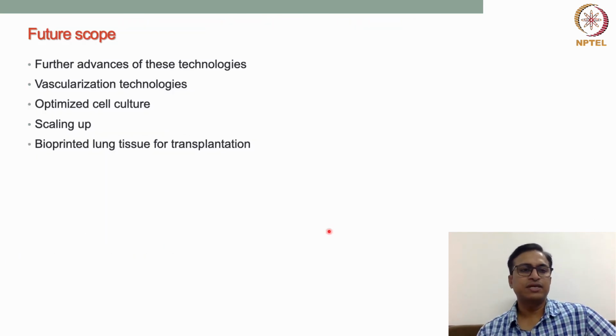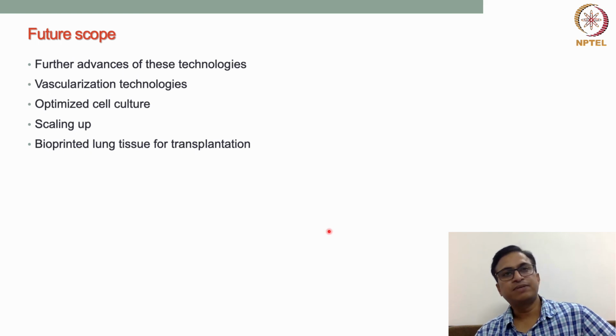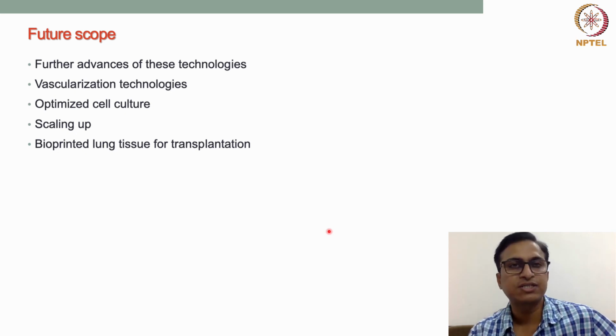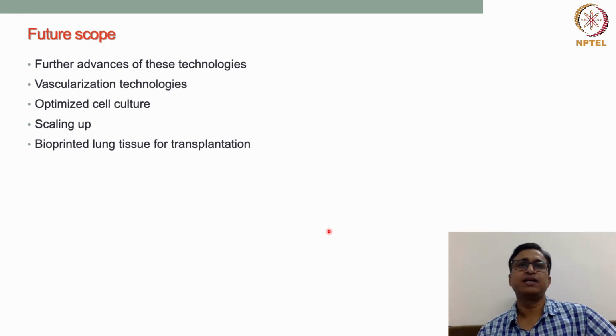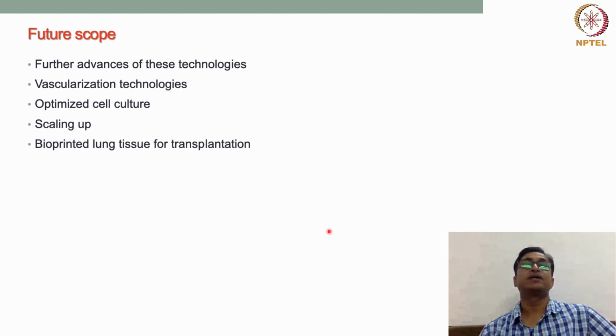Now let us understand what the future scopes of all this work are. If you see all the different works we have discussed, they all created some part of the lung structure, like either the alveolar and vascular barrier structure, or the alveolar blood air barrier membrane structure, or even lung tissue, a part of the alveolar structure.